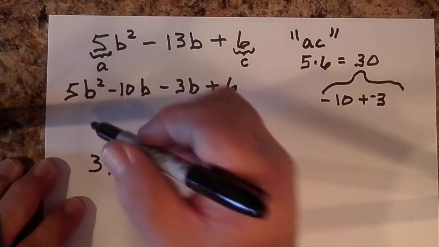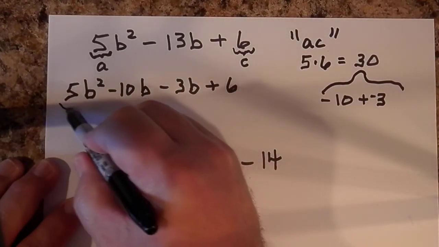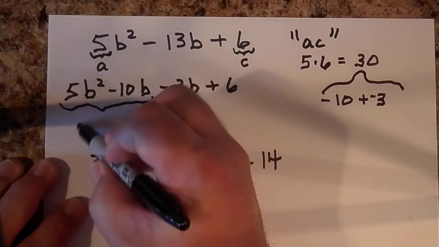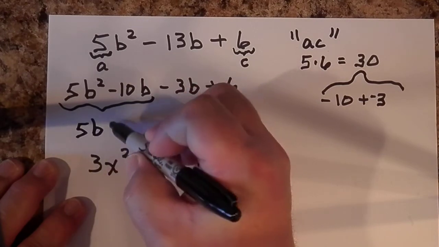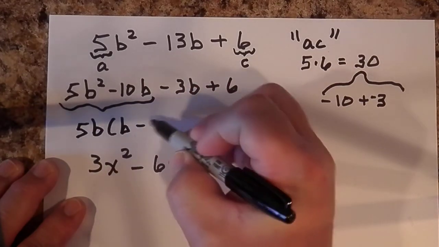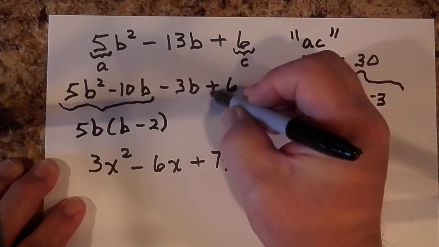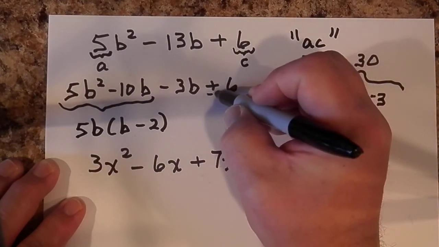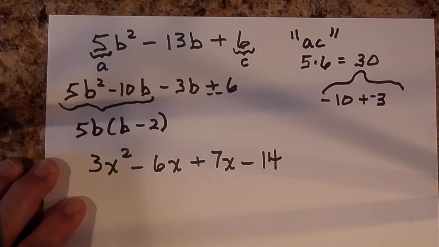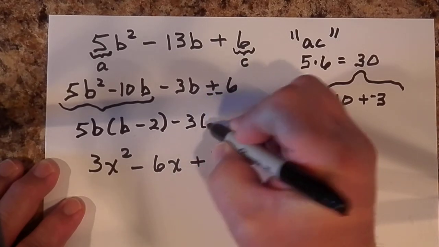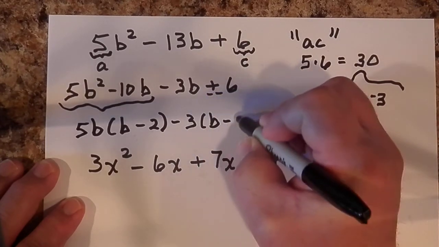So I'm going to take out, you can see this first pair, they have a common 5b. So that leaves me with b minus 2. Now let's think of this positive 6 as being a double negative. So if I take out minus 3, that leaves me with b minus 2.